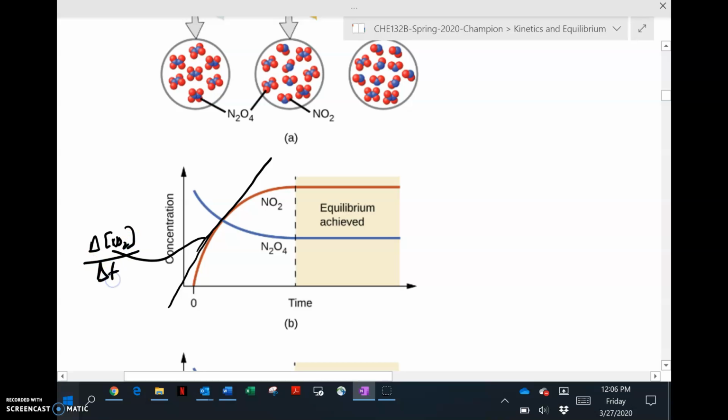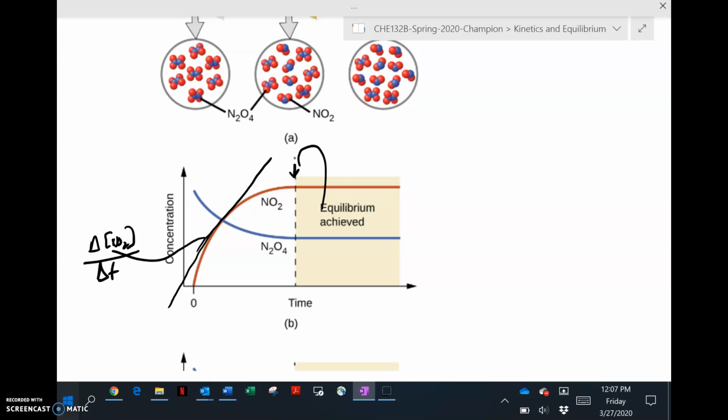We looked at this kind of graph before, and what happens is you reach equilibrium right here. So equilibrium is achieved at that point, and past that point, these levels don't change. They're not 0, though.